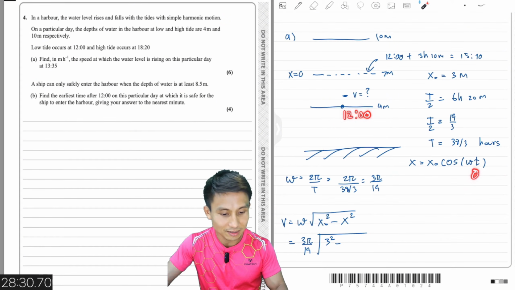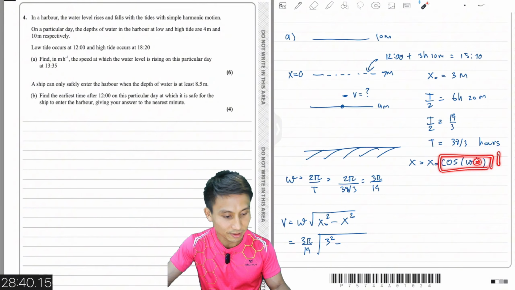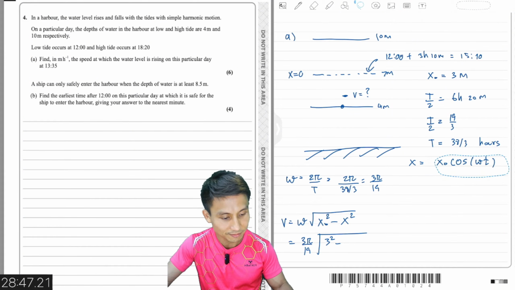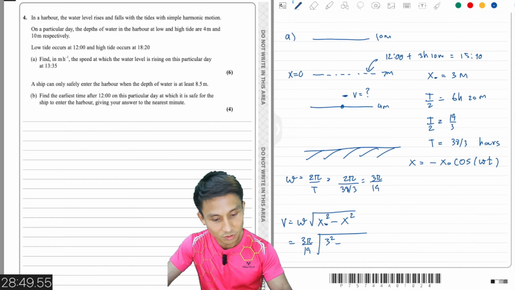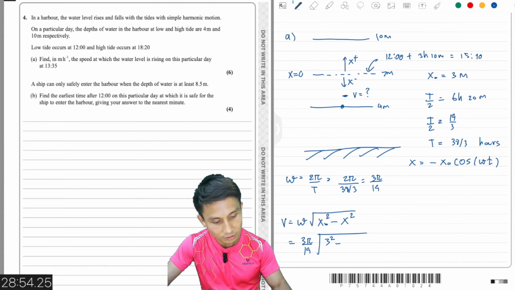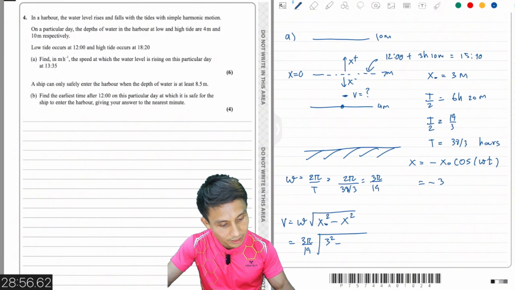We're going to start at the bottom. When t equals 0, this whole thing will be 1. So x0 is this distance here, which is 3 meters. So I should put a negative here. This is positive x, this is negative x. Okay, that's fine. So minus 3 cos, and omega we already got to be 3 pi over 19.